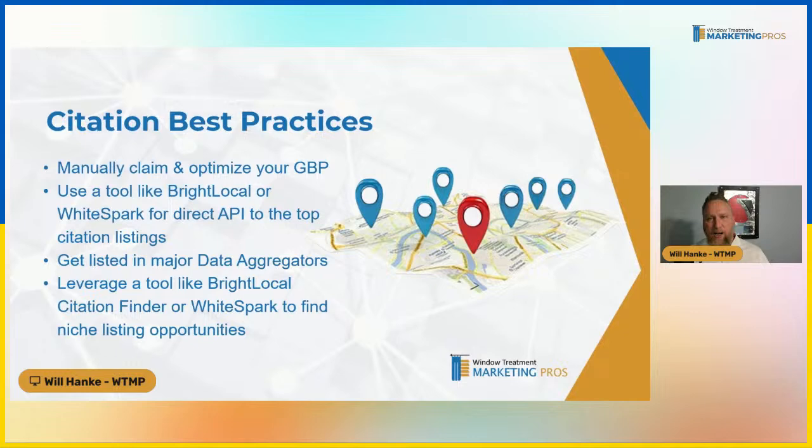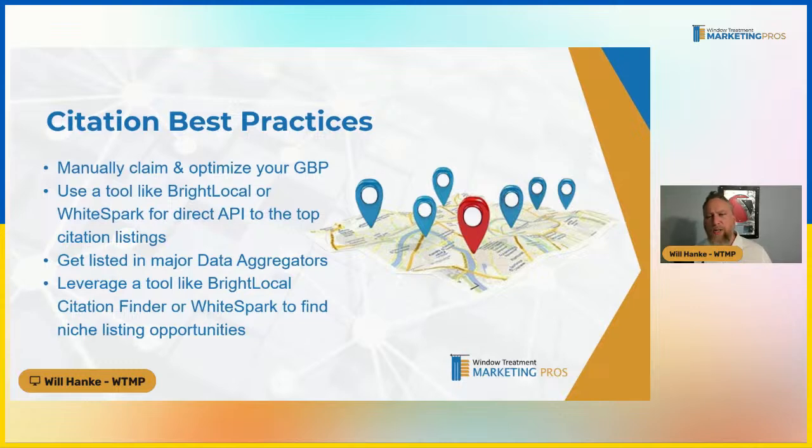I think there are 4 or maybe 5 of them that are huge server farms that have millions and millions of business names and information in there. They could be correct, they could be wrong. And some other platforms, like the Better Business Bureau, for example, might be pulling their data from those aggregators. So it's important to make sure those are up to date, so that as they trickle down to all these other platforms, the information is being put correctly in the first place. That's something you can do inside BrightLocal as well.